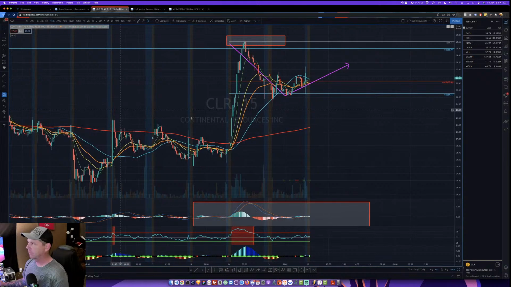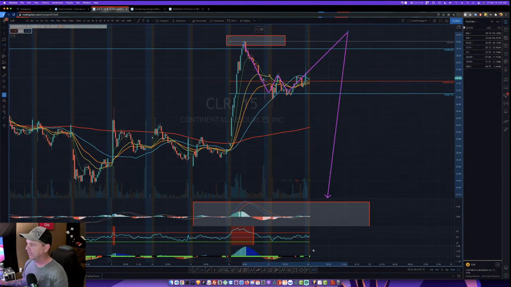We're starting to form this, let me get rid of this guy right here real quick. So we've begun forming the H or the W long pattern. Price comes down, finds support, comes up, tests resistance, comes back down and tests support again for its next move upwards.